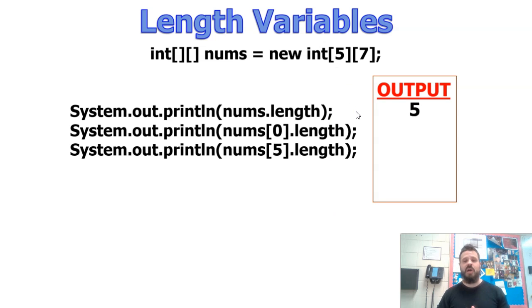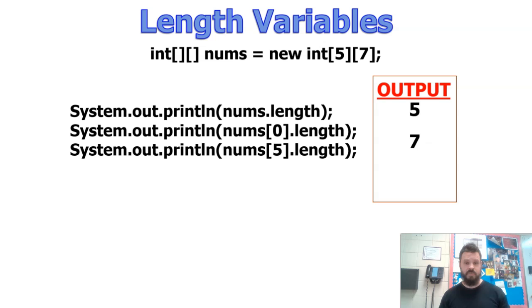And if I want to know how many columns are in that 2D array, I'll access any one of those rows. So nums[0], in other words, the first array in my 2D array, dot length.